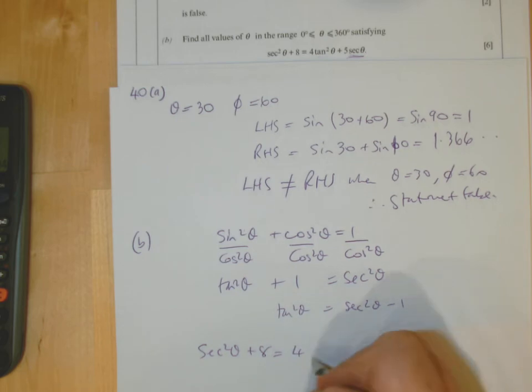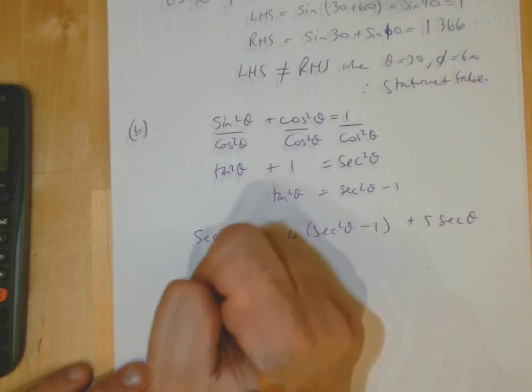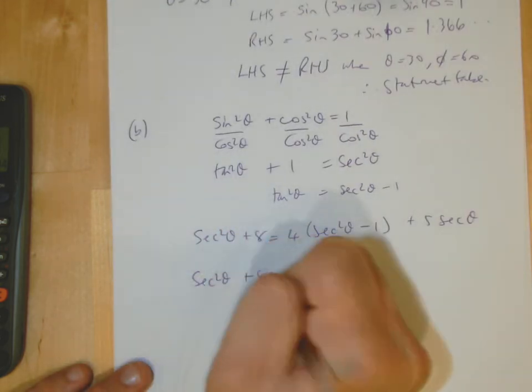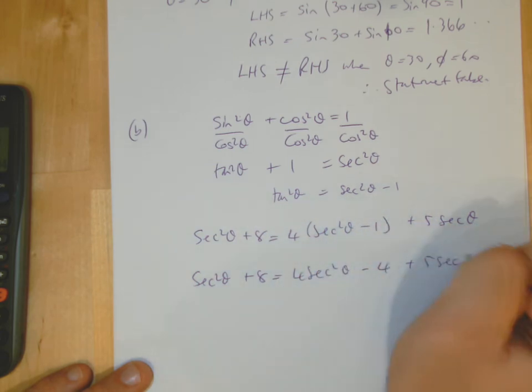Alright, so if I chuck it into that top formula, I'll have sec squared theta plus 8 equals 4 times tan squared theta plus 5 sec theta. Now tan squared theta is sec squared theta minus 1. Then multiply out, so sec squared theta plus 8 equals 4 sec squared theta minus 4 plus 5 sec theta.